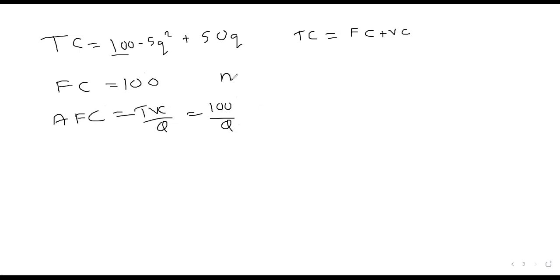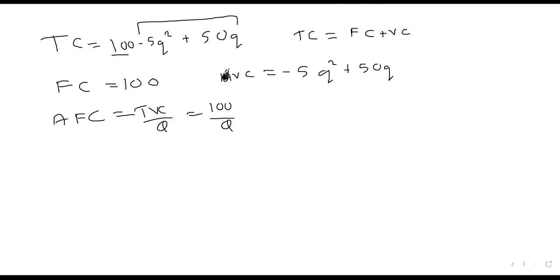Our average fixed cost is a part that has letters. So this whole part here is called the variable cost. So here we're going to have minus 5Q squared plus 50Q. That is called our variable cost. We didn't divide by quantity.